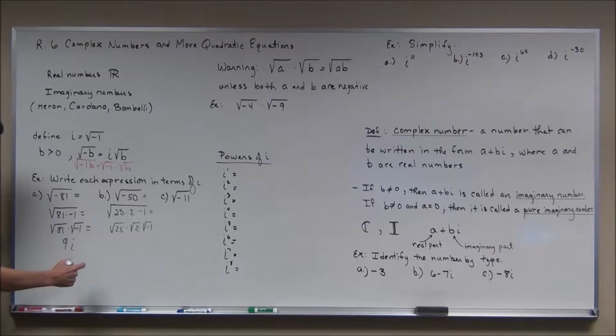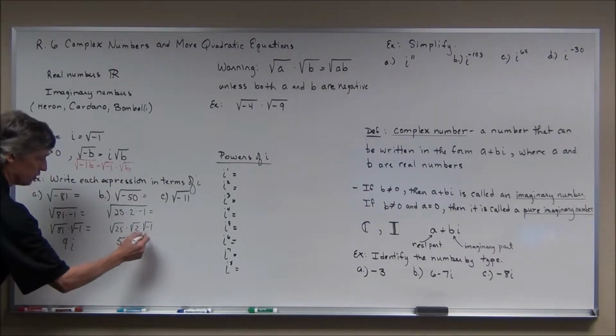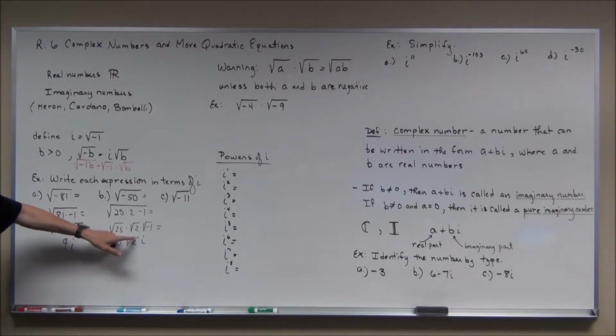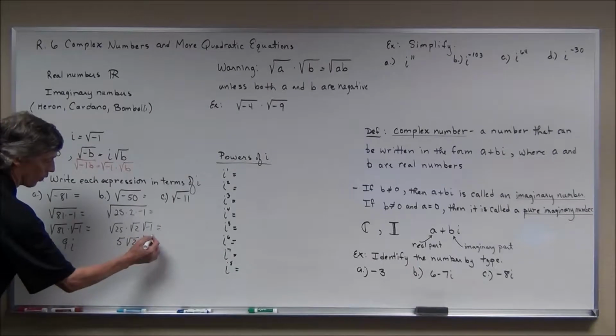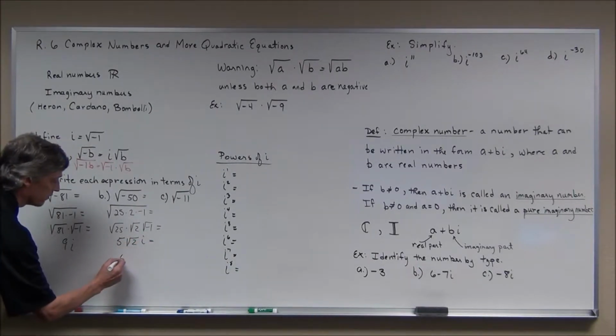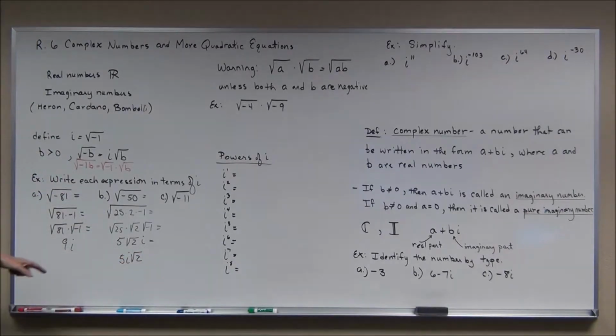The square root of 25 is 5, the square root of 2 is just the square root of 2, and the square root of -1 is i. Now, I'm not a big fan of putting the i after a radical, because sometimes the radical sign, the little top here, is written in a hurry, and sometimes it looks like it overlaps and puts the i underneath. So most times I will write this as 5i times the square root of 2. It represents the same thing because multiplication is commutative.